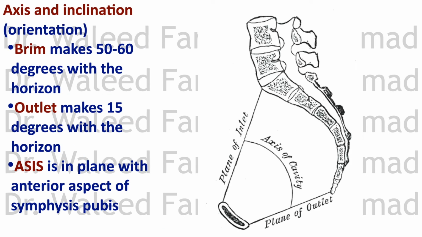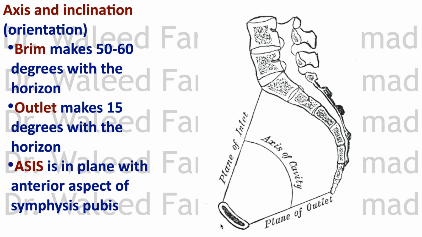Okay, the position of the pelvis, the axis and inclination of the pelvis. It's put in position while the person is standing. Of course, the pelvic inlet makes 50 to 60 degrees with the horizon, while the pelvic outlet makes around 15 degrees with the horizon.